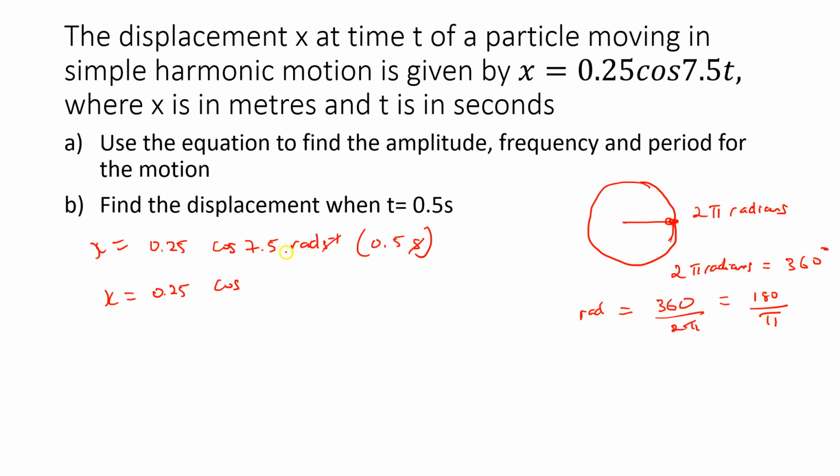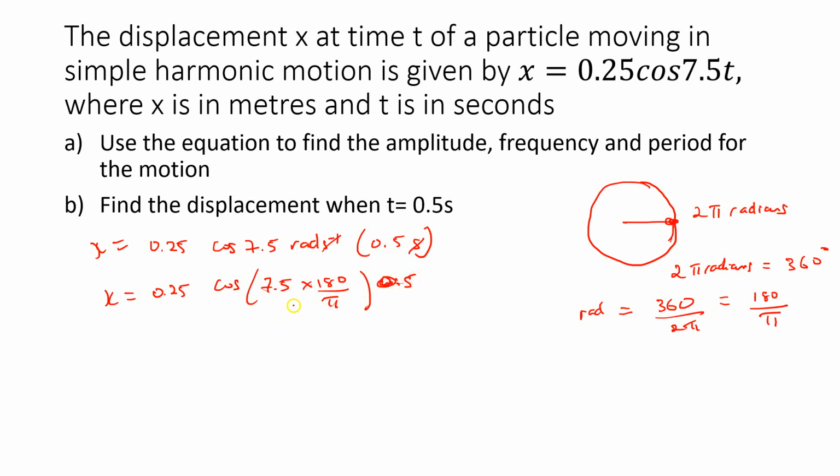So in this case, because we're trying to find cos of 7.5 radians times 0.5, I have to convert rads back to degrees. So cos of 7.5, where if I see rads, I'm going to write 180 divided by pi, and obviously it's still being multiplied by 0.5.